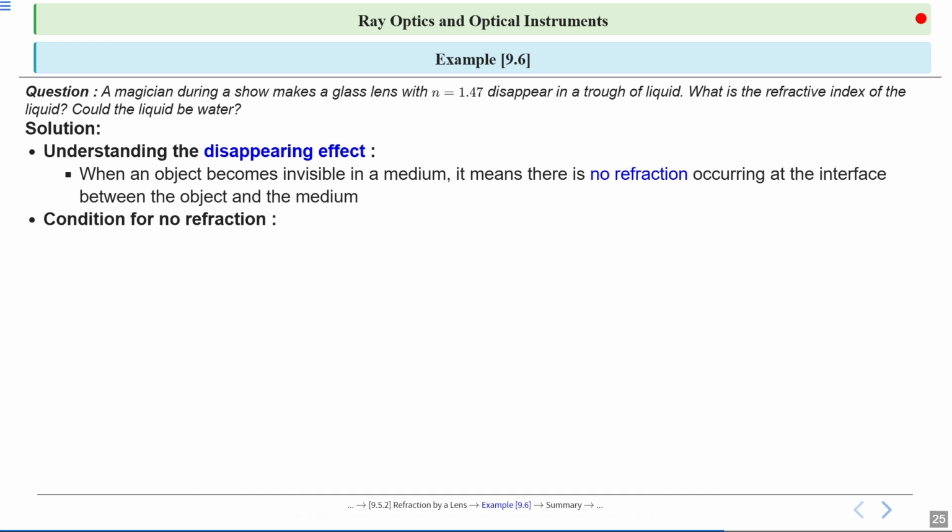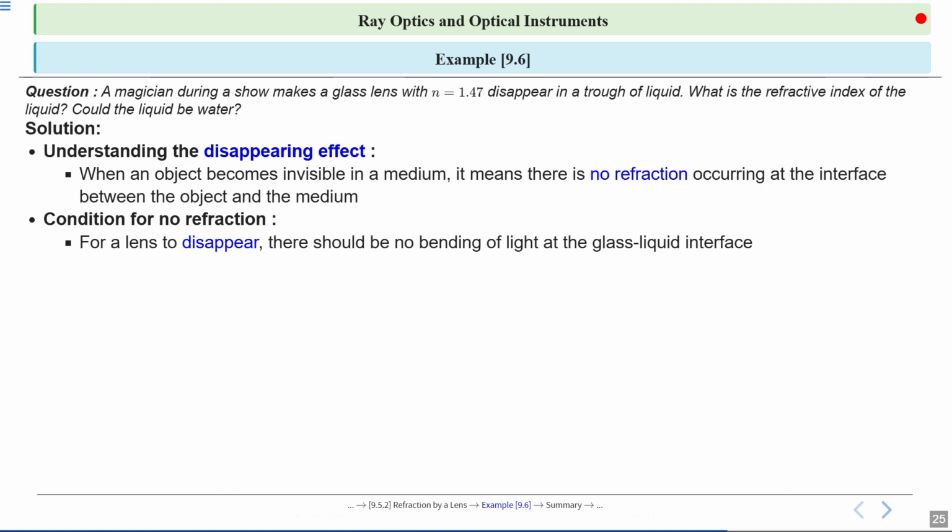Why is refraction not occurring? Condition for no refraction. For the lens to disappear, there should be no bending of light at the glass liquid interface. Okay, if there is a bending of light, then this surface that is separating the two media will be visible. If it is invisible, that means no bending of light is occurring. So what is that condition? This happens when both media have the same refractive index.